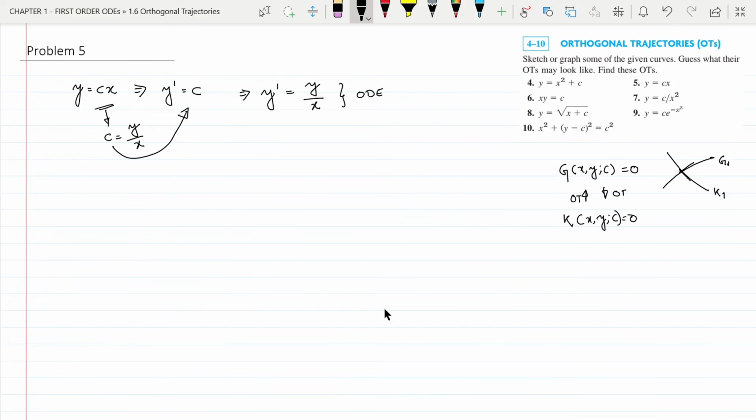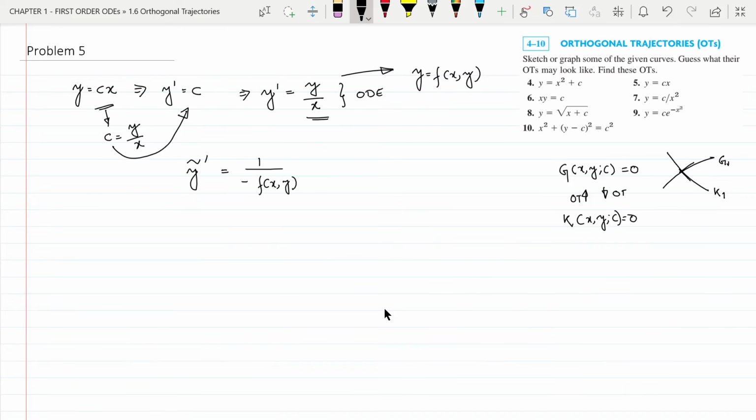Now the next step is we have to find y tilde dash, which is equal to minus 1 by f of x, y. This is in the form of y dash equal to f of x, y. You see, the right hand side term has both x and y in this case. In the first problem, there was only x term on the right hand side.